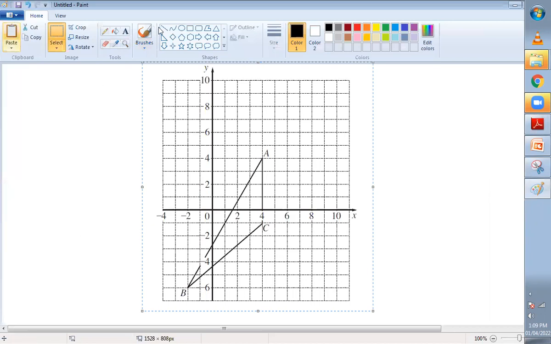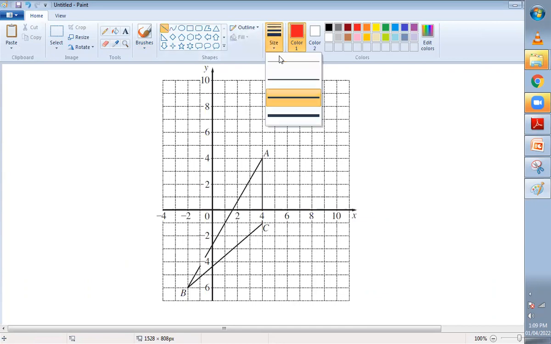If you want to find the area of this triangle, let me show you how I have done this. This is the base of that triangle. Just count how much this base is: 1, 2, 3, 4, 5. The base is 5.